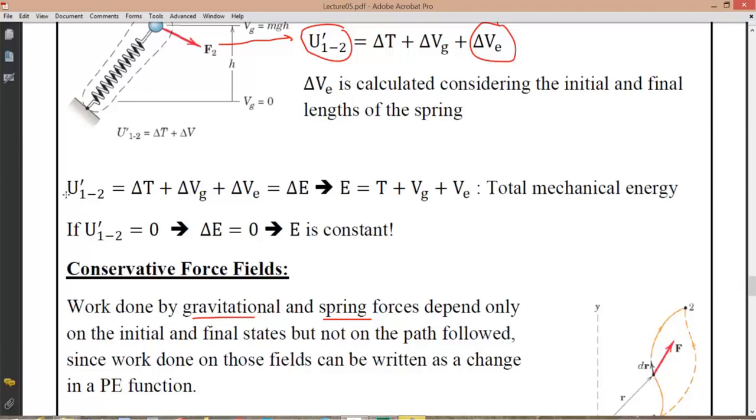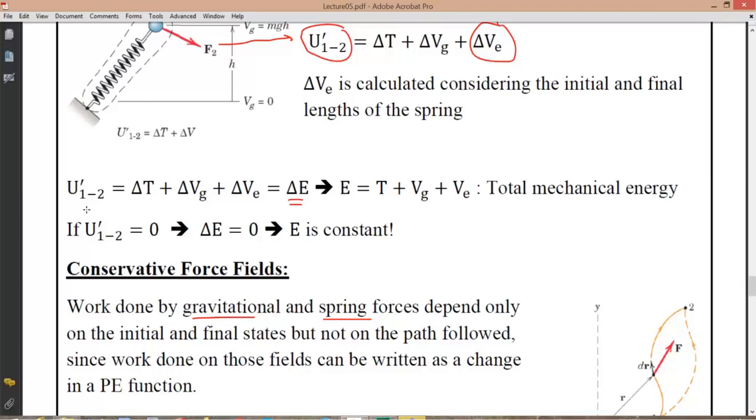On the left side, we have the work done by non-conservative forces, and on the right side, what we have is the change in the kinetic energy plus the change in the potential energy in terms of gravitational and then elastic ones. Now, this is in total called the change in the total energy level of the system.